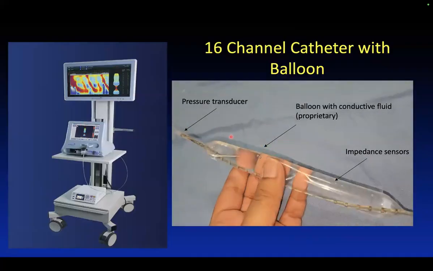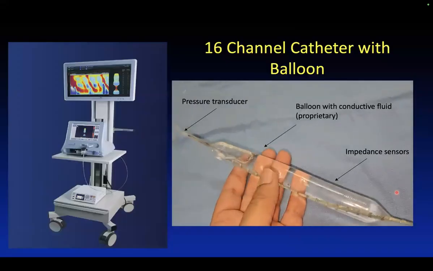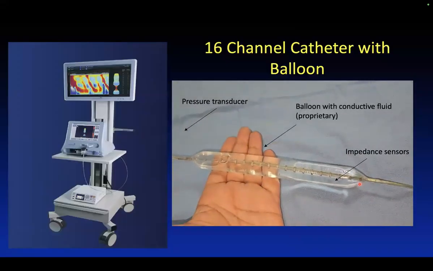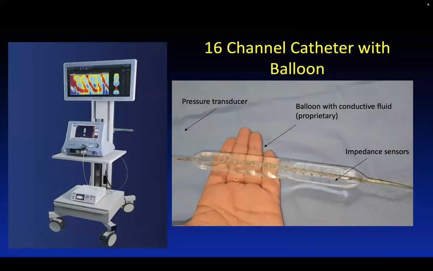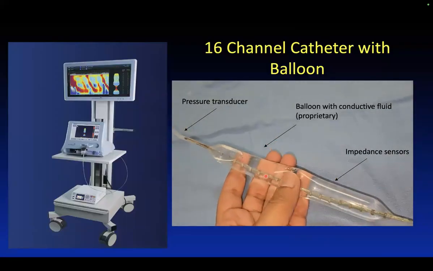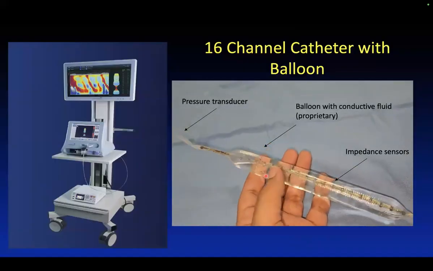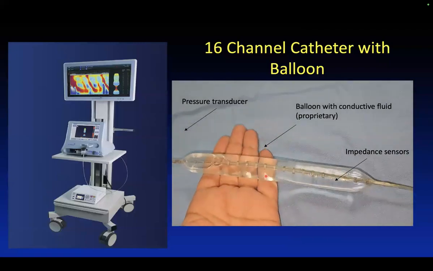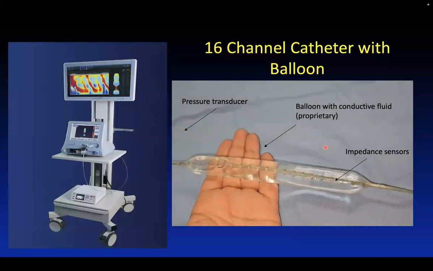There is a pressure transducer at the end of this catheter, and like an impedance catheter, there are also multiple impedance sensors within this balloon. So this balloon can be inflated, and it's an infinitely compliant balloon which is inflated with a certain liquid, and then we look for the secondary peristalsis.